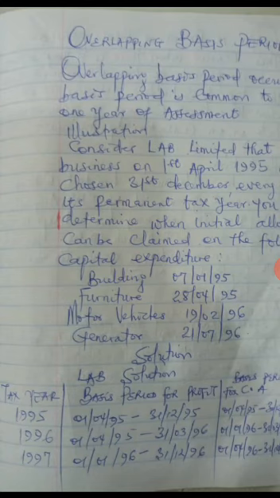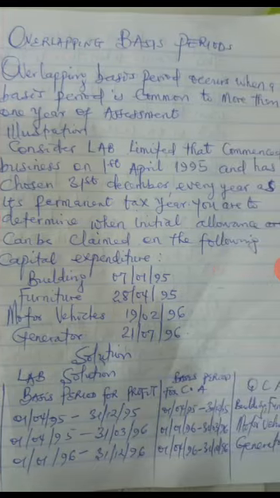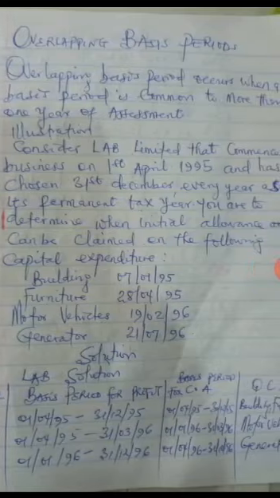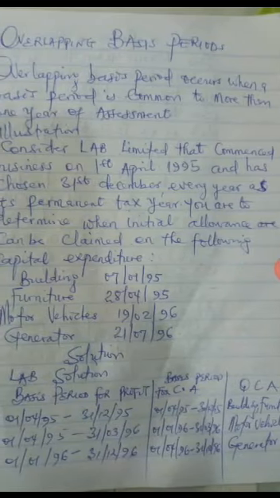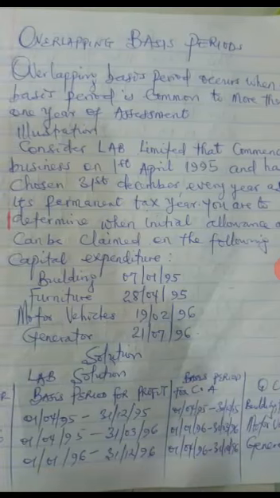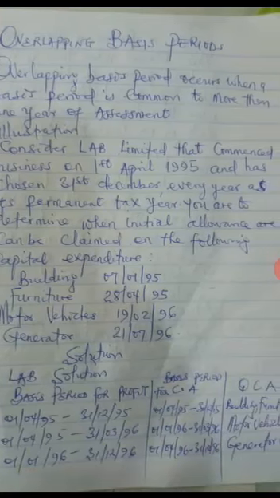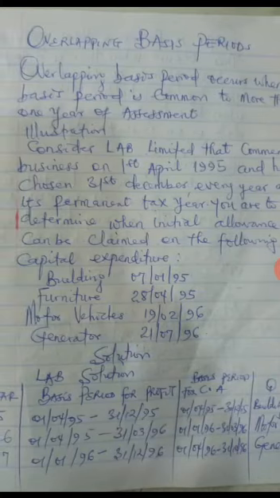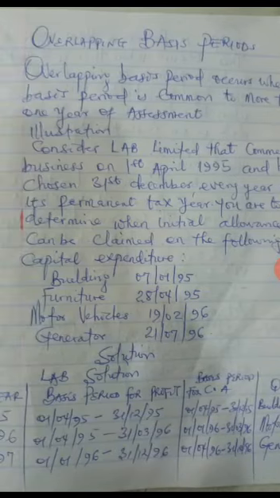Note, 31st December 1996 was chosen not because it's a government fiscal year, please. The reason it was chosen was they said this company prepares its account every 31st December. So they said here, consider LAB Limited that commenced business on 1st of April and has chosen 31st December every year as its permanent tax year.